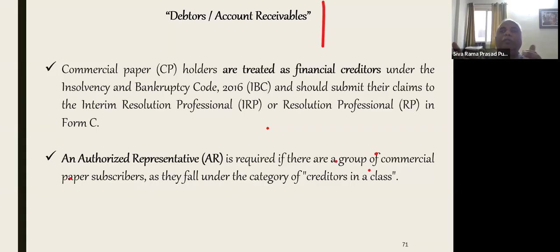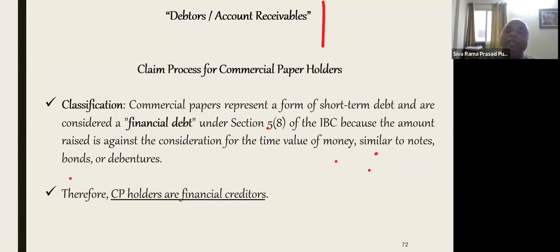That's why, as an intermediary, I will engage one authorized representative. Next, the authorized representative is required for the group of commercial paper subscribers, as they fall under the category of class of creditors.